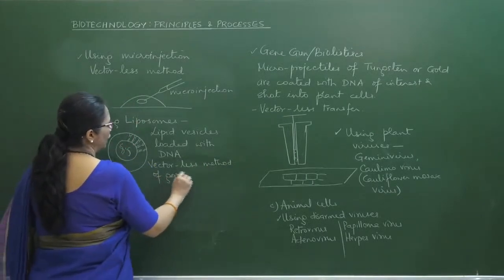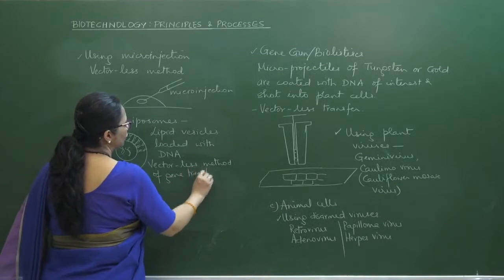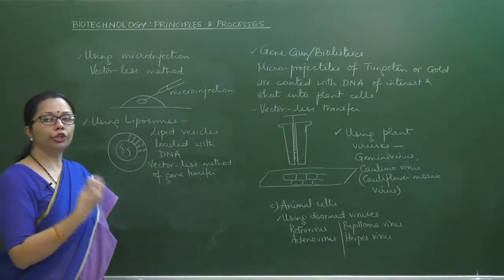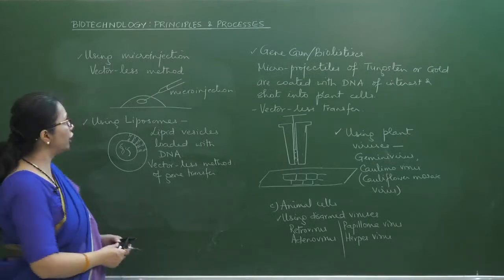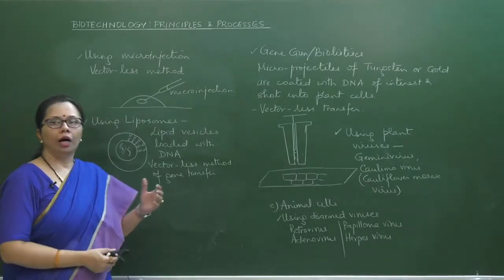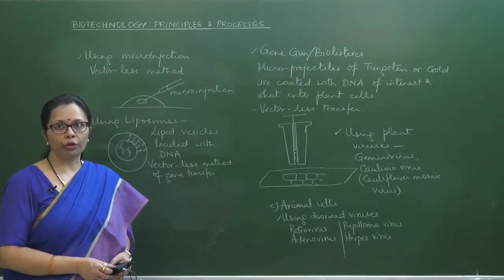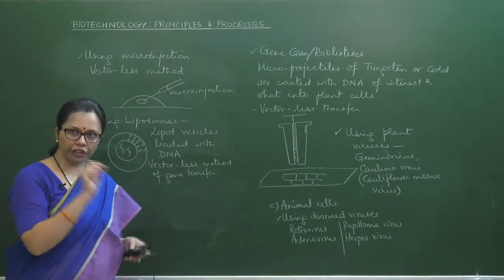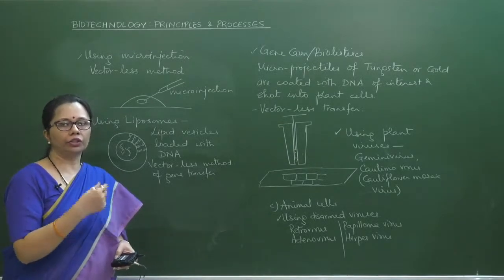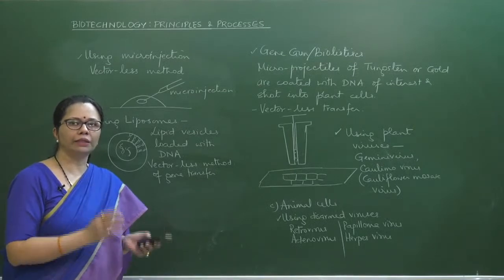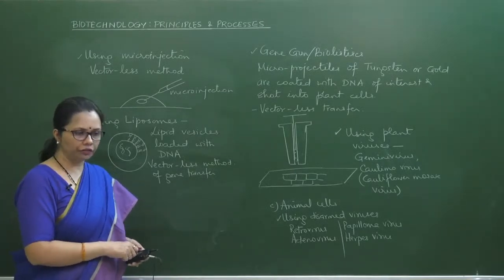Okay, and when we transfer a gene or DNA of interest into the animal cell, especially using viruses, you may come across a term that is called transfection. Transfection is infection into the cell and transforming it. So we have combined two terms, transformation plus infection, that is called transfection.